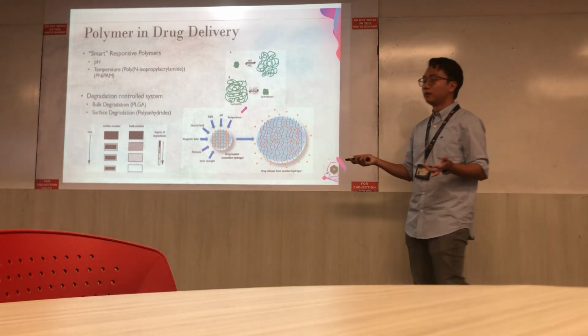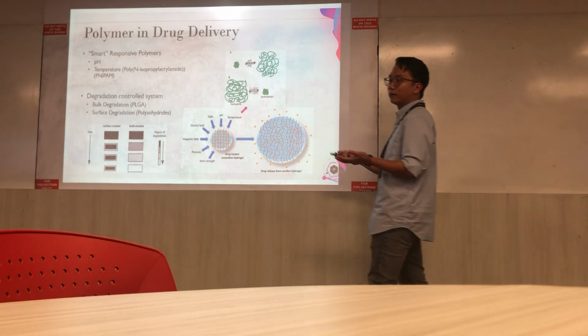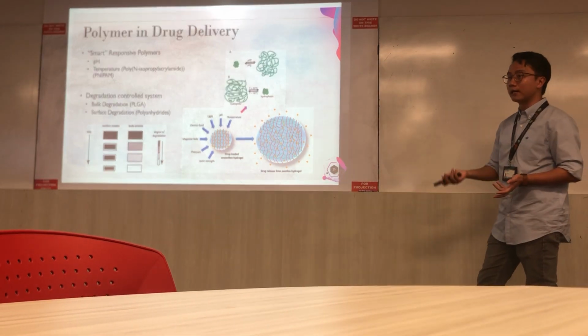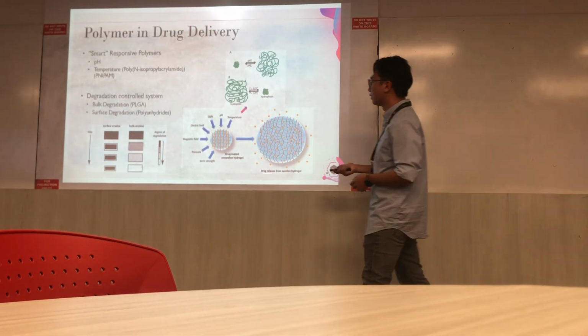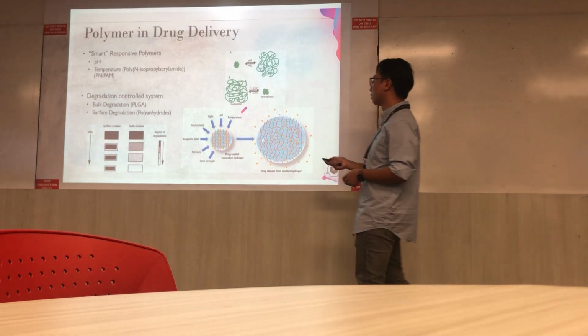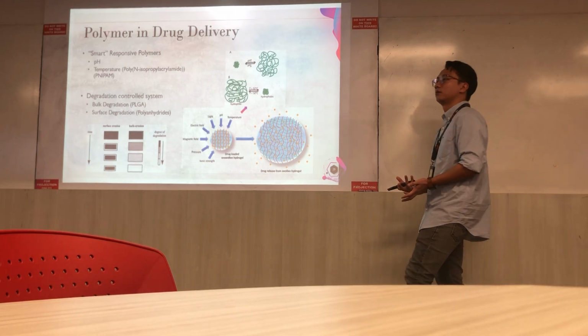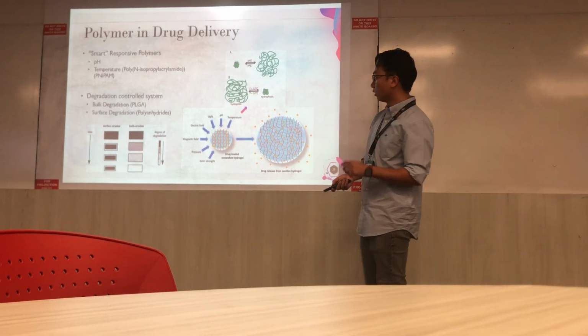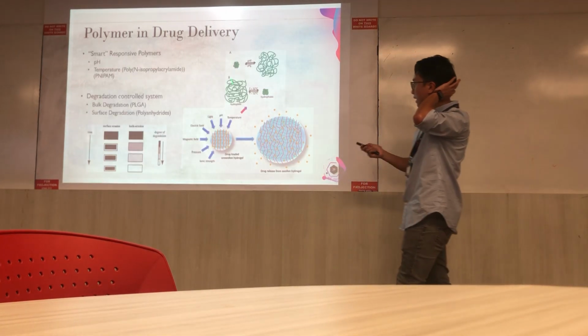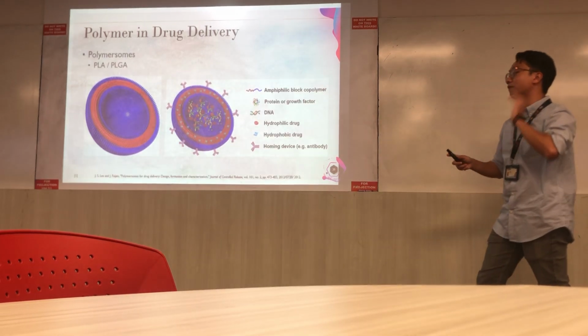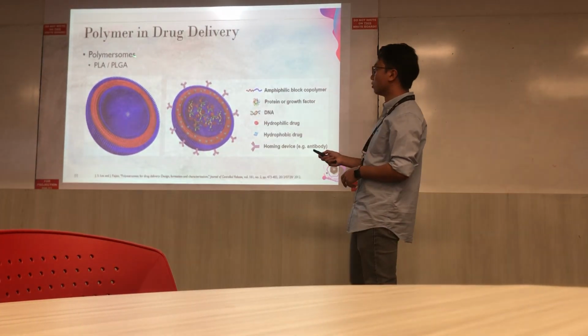Remember the example that I gave, where in cancer there is a localized lower pH. You can make use of that, using a pH responsive polymer to trigger the release only at the localized low pH. Then of course, instead of using it as a hydrogel, you can use it to form a vesicle, what we call polymersomes.